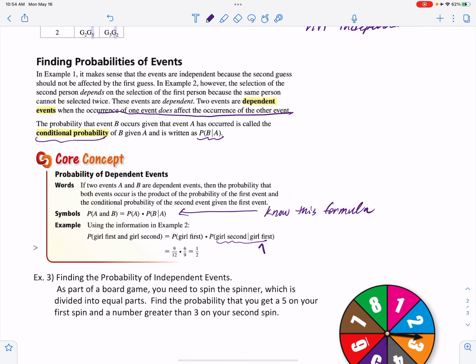Right here, given that the girl's first, when you see this given, you only look at those where the girl was first.